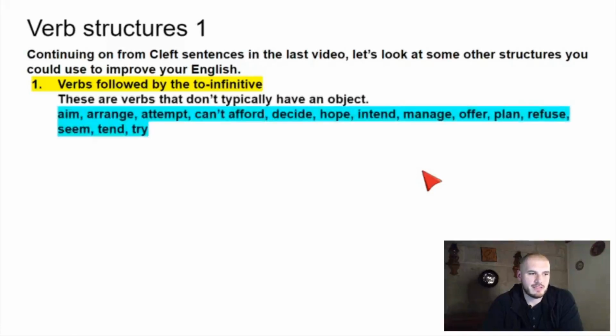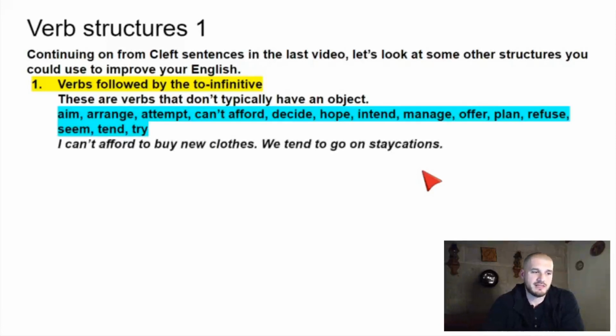So aim is like mi meta, arrange, como arreglar, organizar, attempt, intentar, can't afford, que no me alcanza el dinero, decide, hope, intend, manage, offer, plan, refuse, que es como negar, seem, parecer, tend, se tiende a, and try.